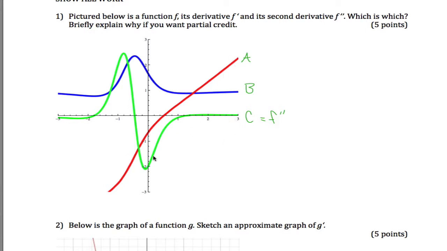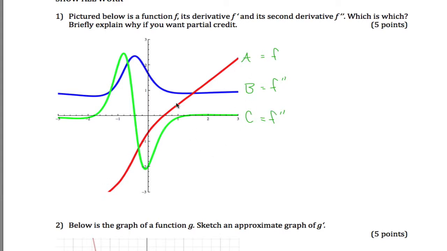This thing right here is not positive the whole time. It's negative down here. So green is not the derivative of red. What about blue? Well, blue's positive the entire time, so blue might be the derivative of red. So what I'm starting to think is that A is my function, B is its derivative, and C is the derivative of that. Let's see if we can talk ourselves into this.